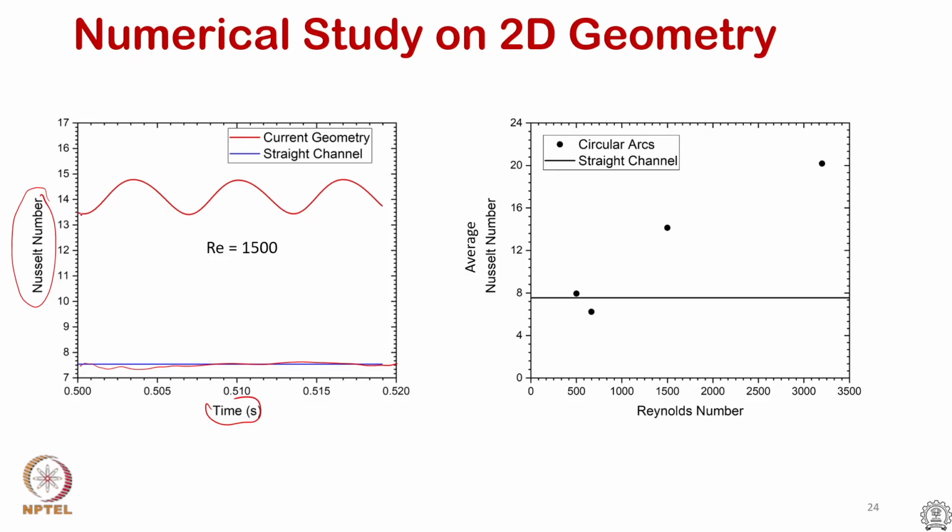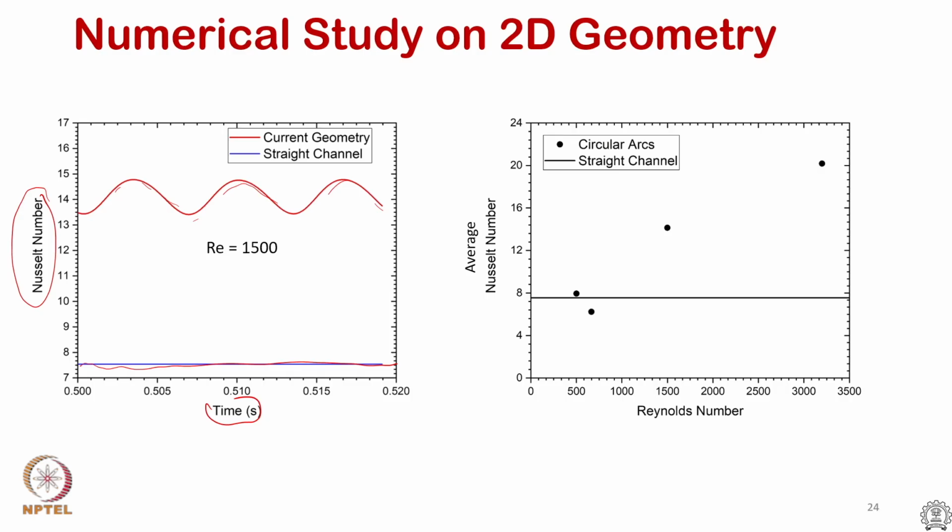So, in the curved geometry that we discussed, if I plot the Nusselt number as a function of time, it has a very nice periodicity, as you can see, and it is almost twice that of the straight geometry. If I had a straight geometry, I would be getting somewhere around 7.6, but here you are going to get a very high heat transfer coefficient, close to 14 on average.